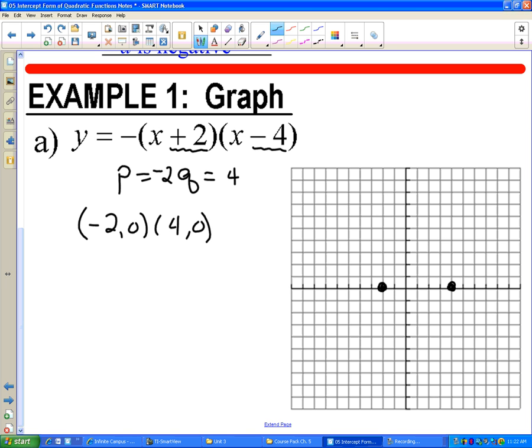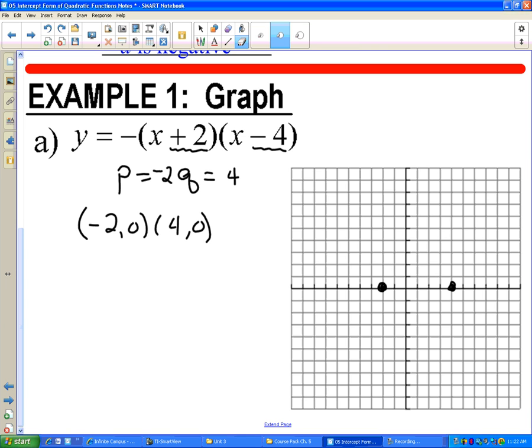I know that since a is negative, my parabola is going to be opening down. I know that my domain is x is an element of all real numbers. My range is going to be y is less than or equal to whatever my y-coordinate is. But I need to find that vertex. And to find my vertex, I have to find the middle of these two numbers.